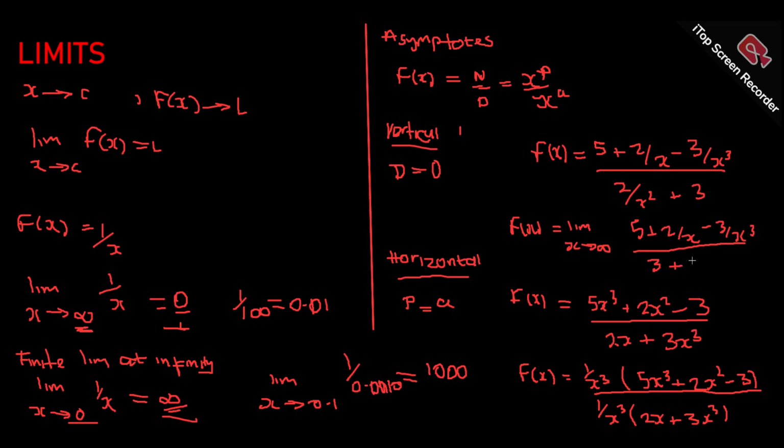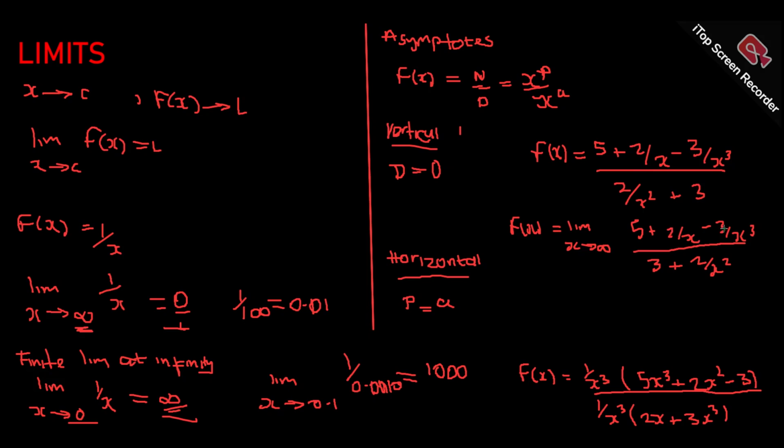Now we said when you have 1 over x, then you substitute the infinity and it becomes your denominator, so the expression is just going to be 0.